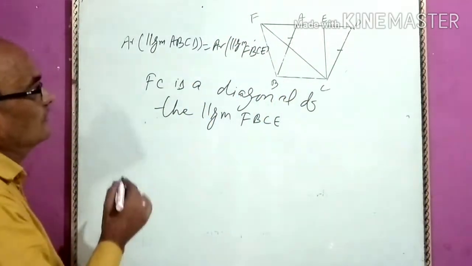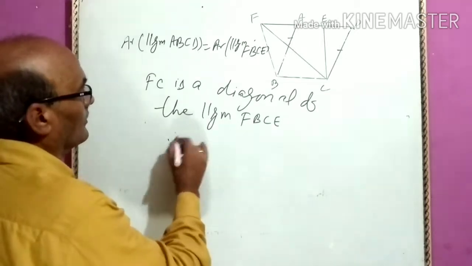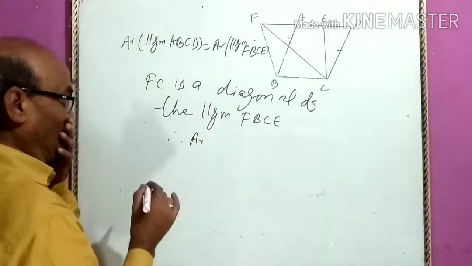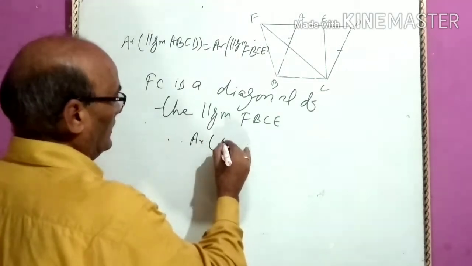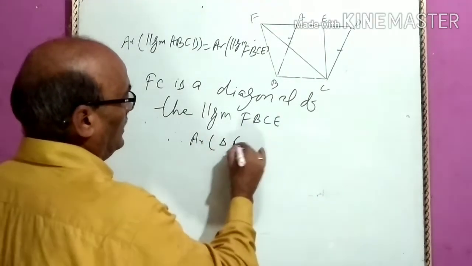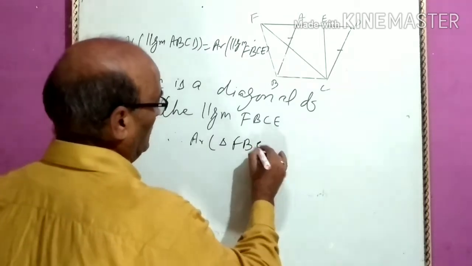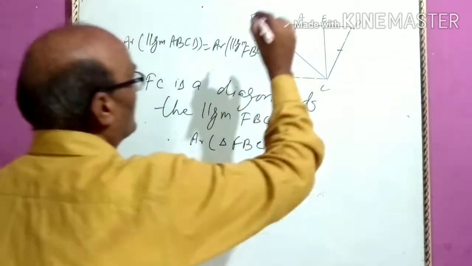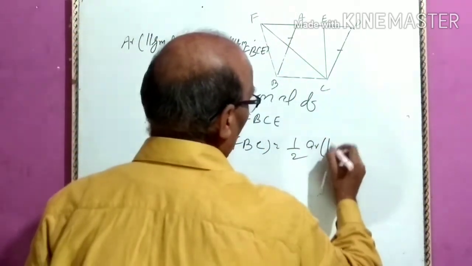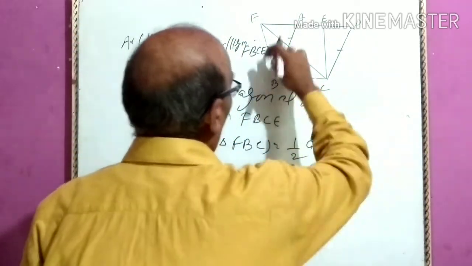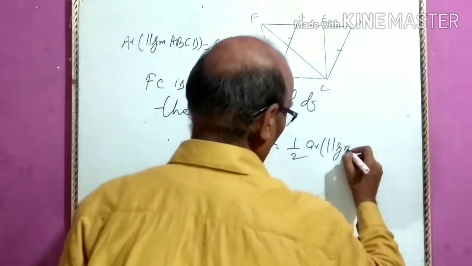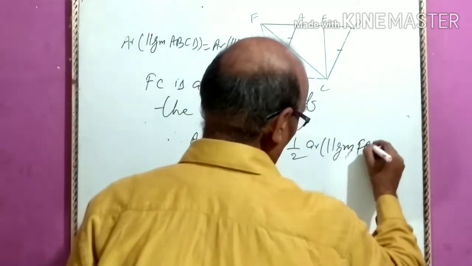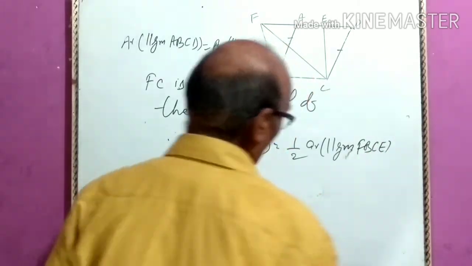Okay, therefore what you can write? Area of triangle FBC is equal to half of the area of parallelogram FBCE. What is my logic?